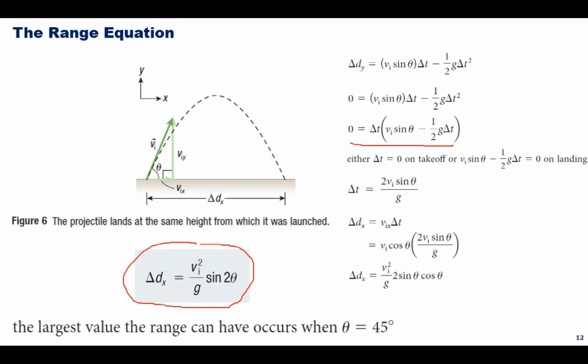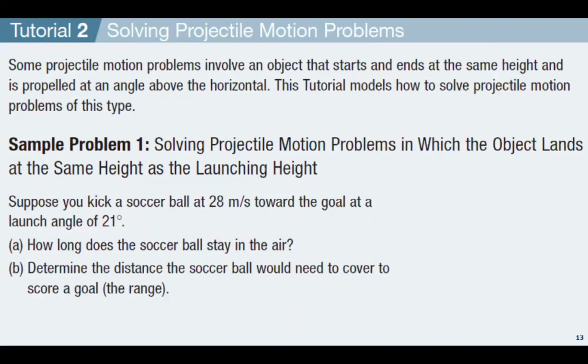So let's have a look at a sample problem in which we use kinematics equations to calculate the maximum height and the range for a projectile. So now let's consider this question here. Suppose you kick a soccer ball at 28 meters per second toward the goal at a launch angle of 21 degrees.